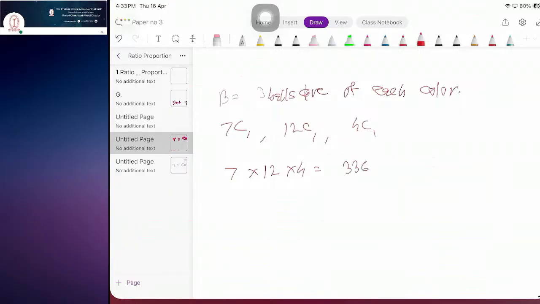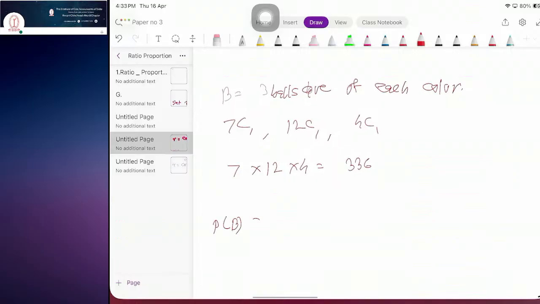Total number of ways are 336. So the probability that 3 balls are of each color will be 336 divided by any 3 balls out of 23 balls, and that value we have already calculated. That value is 1771.